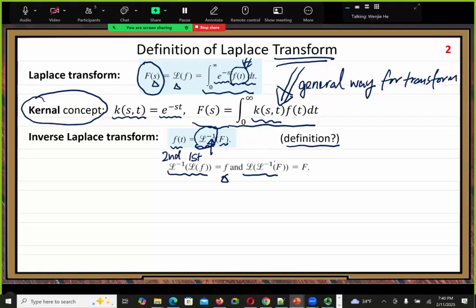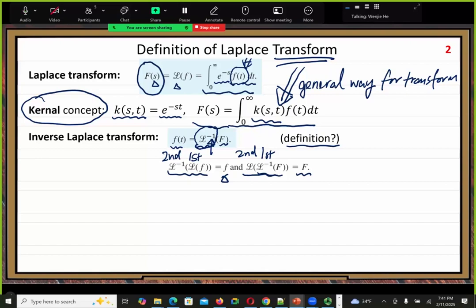Second, you first apply the inverse transform on capital F, then you apply the Laplace transform on the result, so you get F.